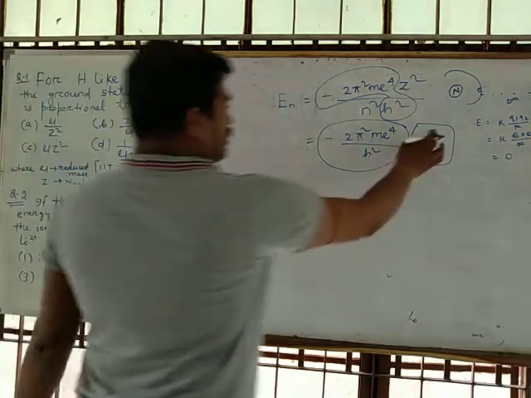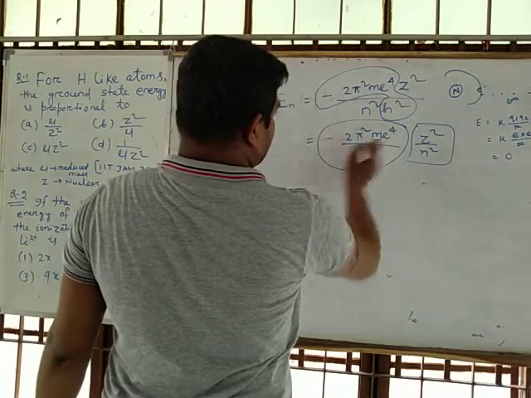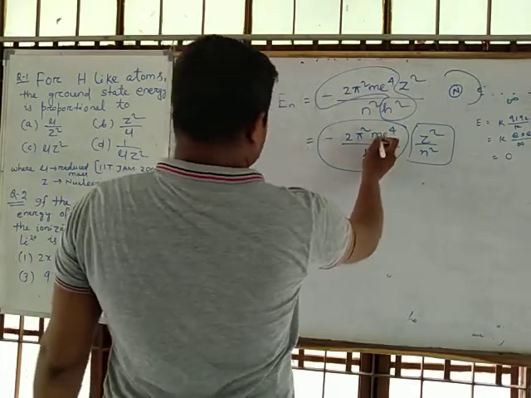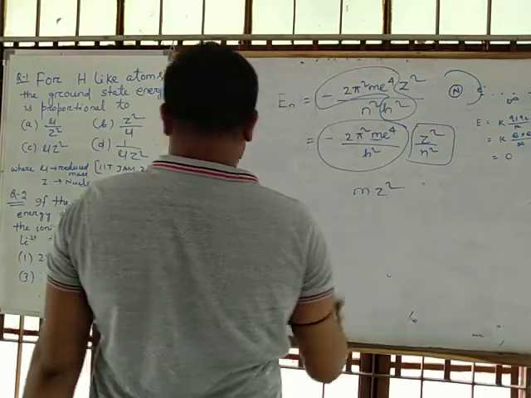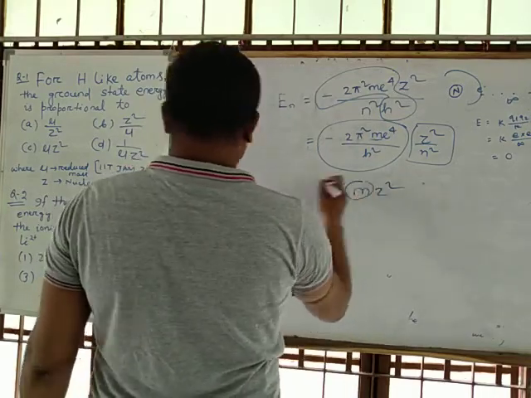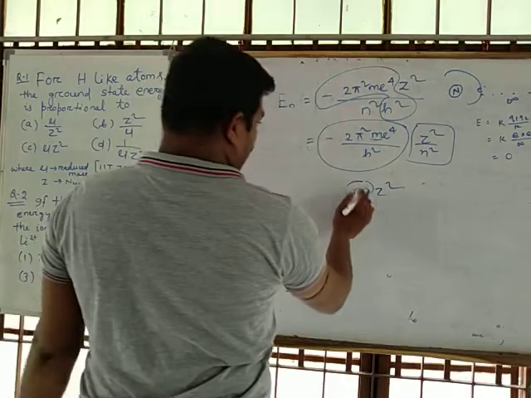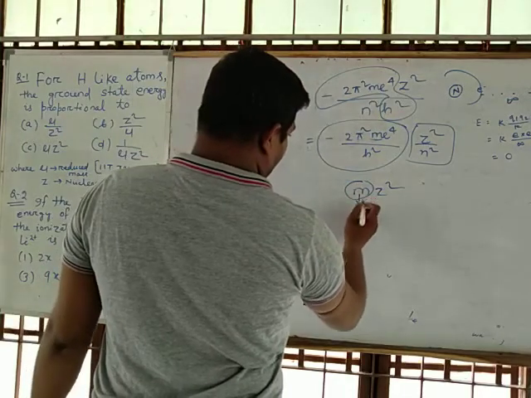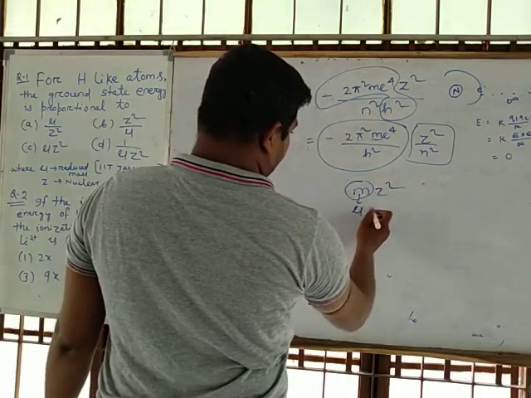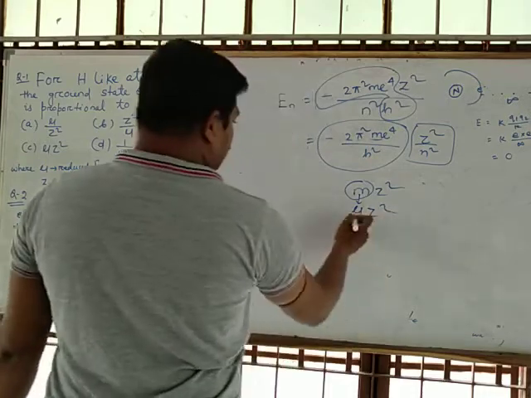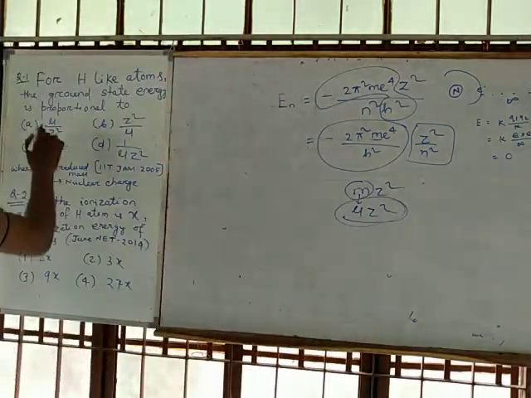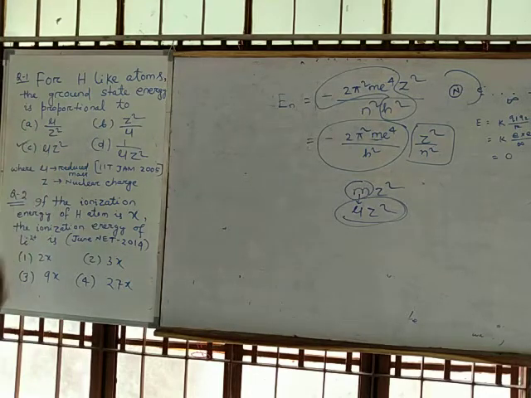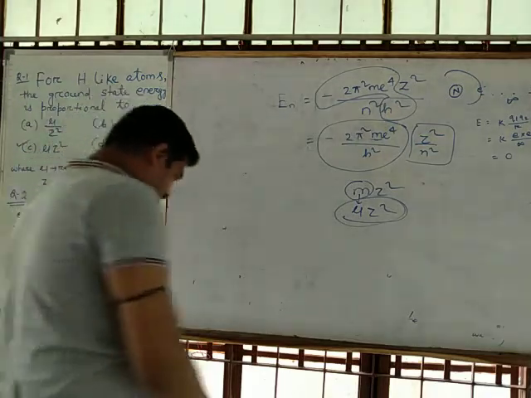So it is a function of mass into Z square. Here the mass is given as a reduced mass, so in the place of m we put mu Z square. So it must be this option. Okay, so this is the answer.